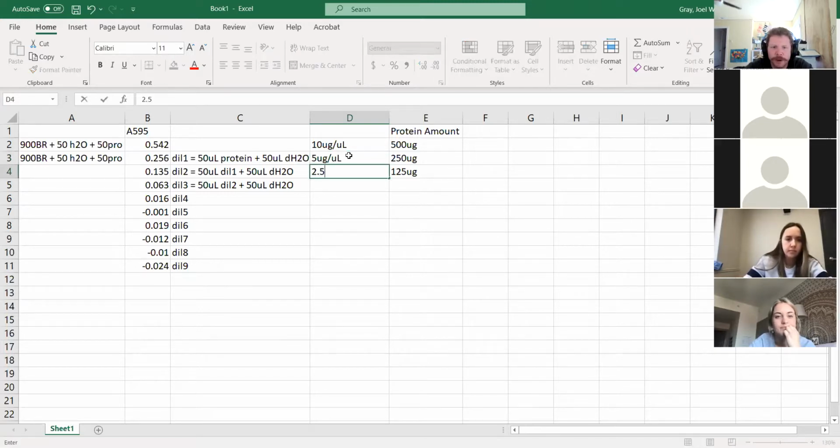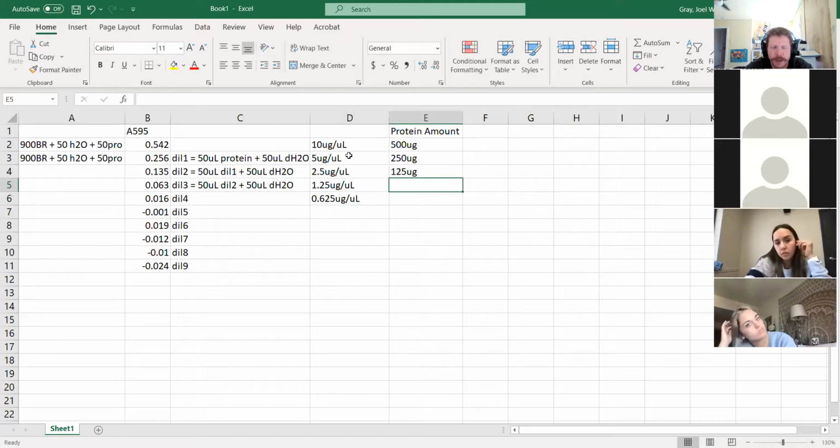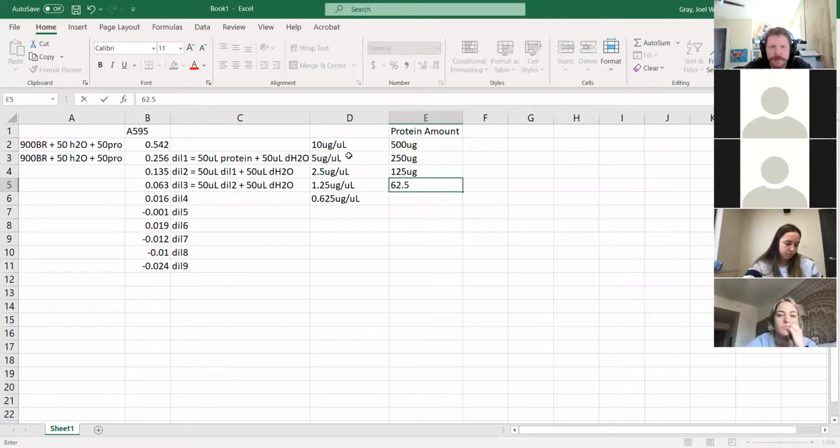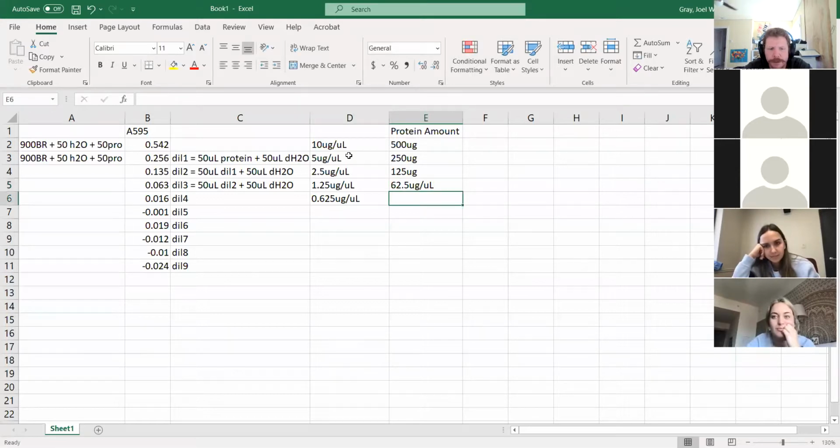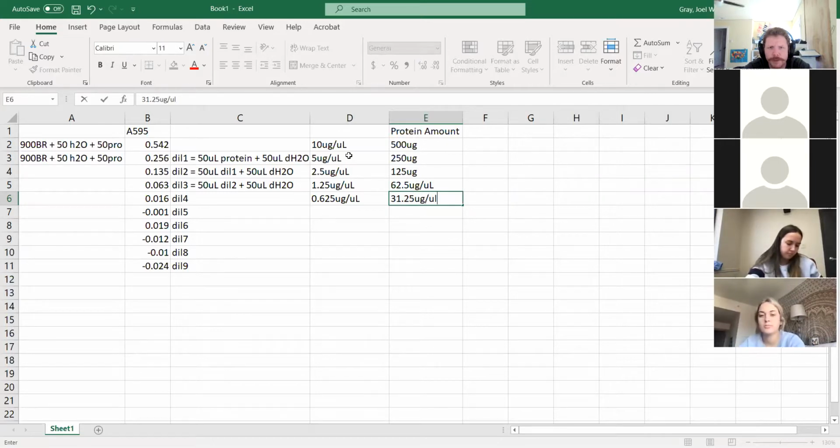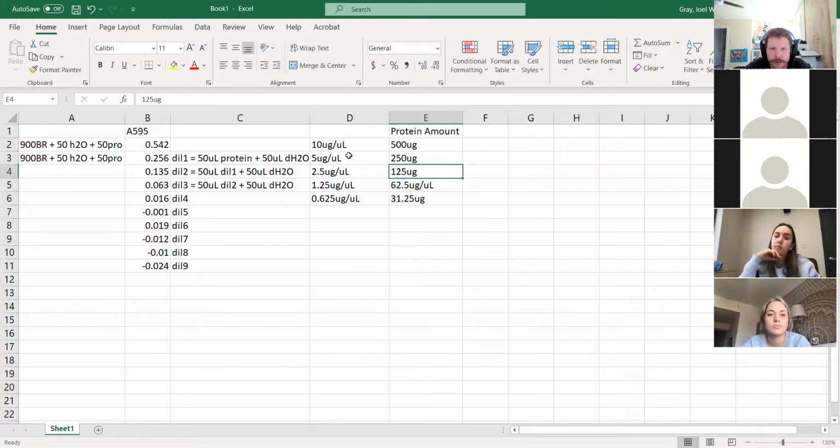Okay, so we got 2.5 micrograms per microliter, 1.25 micrograms per microliter, and then 0.625 micrograms per microliter. And actually, because I don't want to get my calculator out, that's where I'm going to stop. 125, 62.5 micrograms. Oh, but darn, I can't really stop completely. That would be 31.25 micrograms.